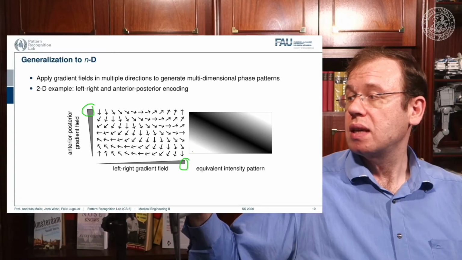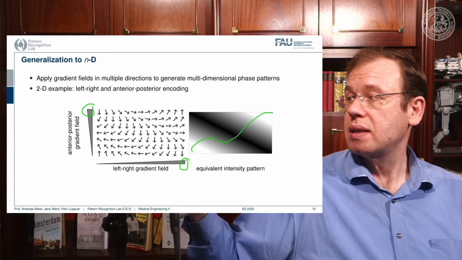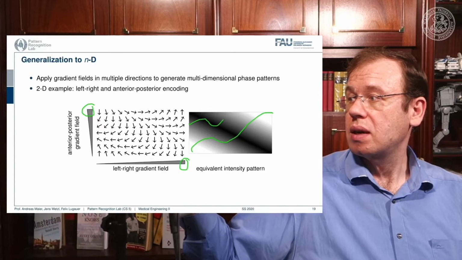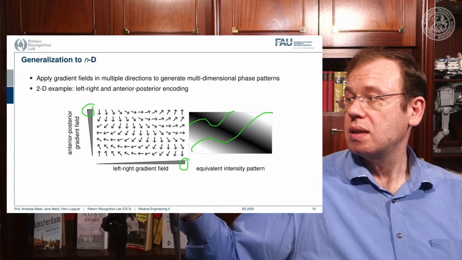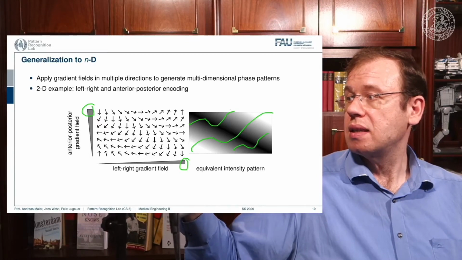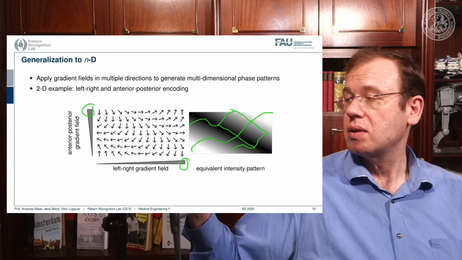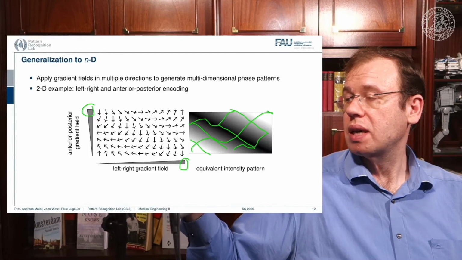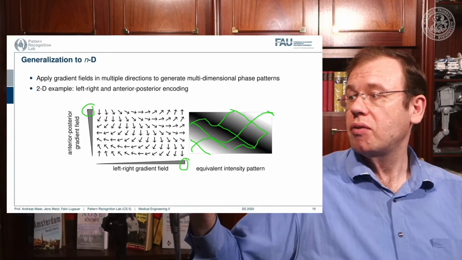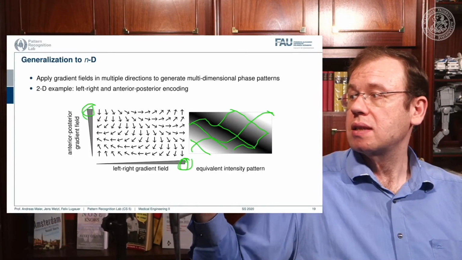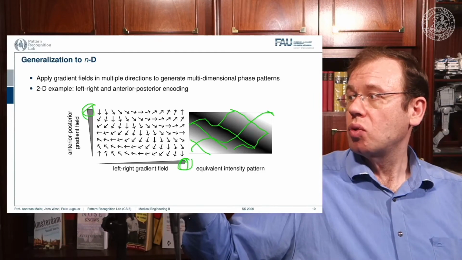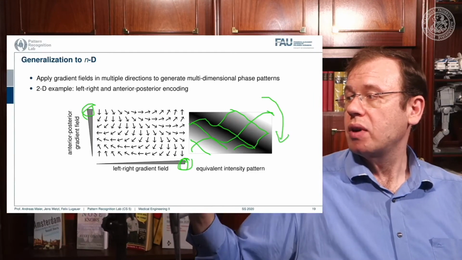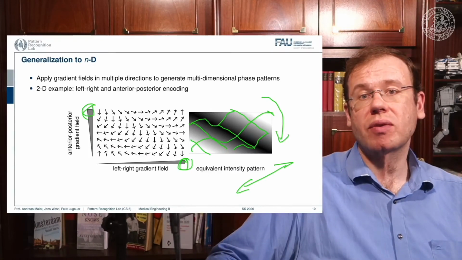So you see that we now have oriented waves here, and you see all of the valleys and so on, they are aligned here. So we're getting a kind of plane wave, and if I play with the gradient directions, I will be able to rotate this plane wave, and I will be able to adjust the frequency or wavelength of this wave.